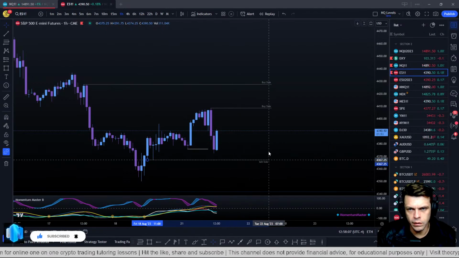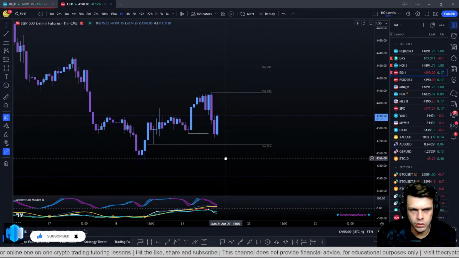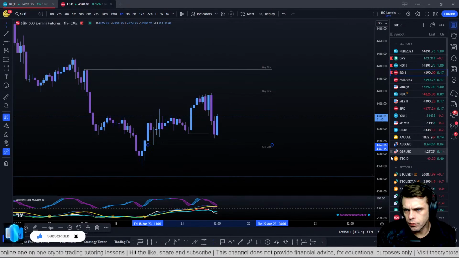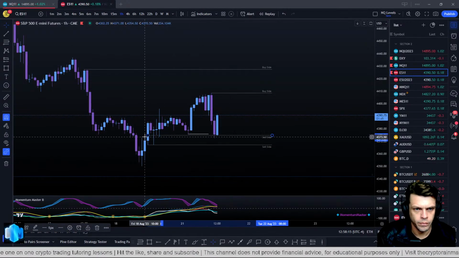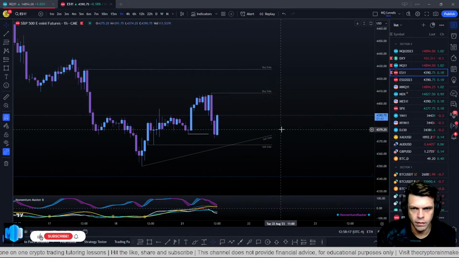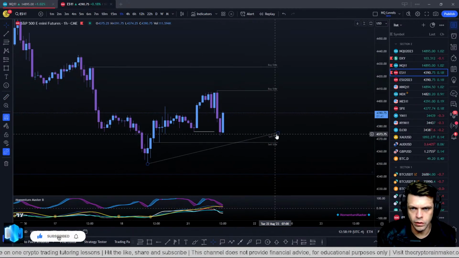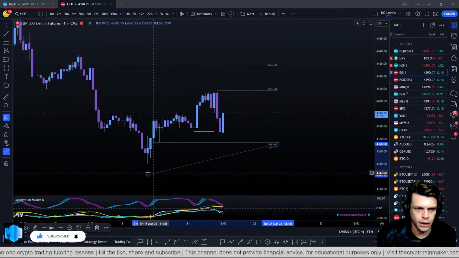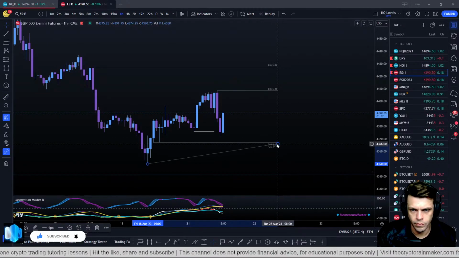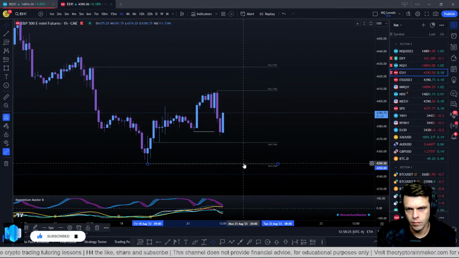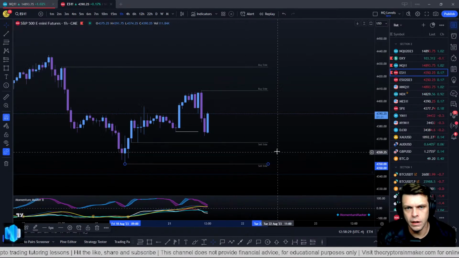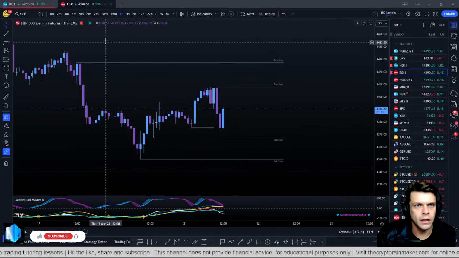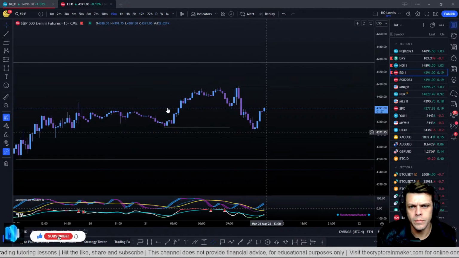We will have to take note of this. This is at 4,367. And then the external liquidity for this range is at 4,350 exactly.